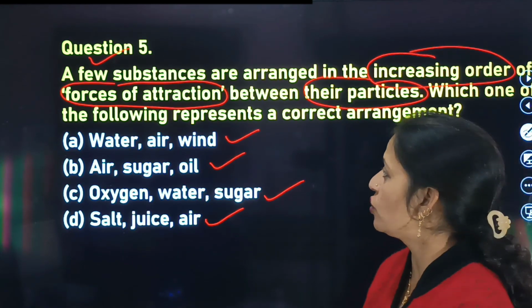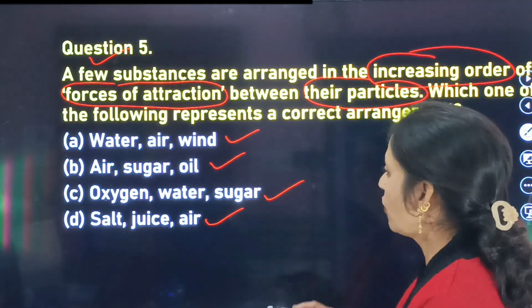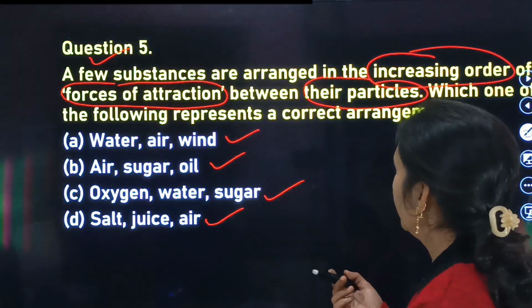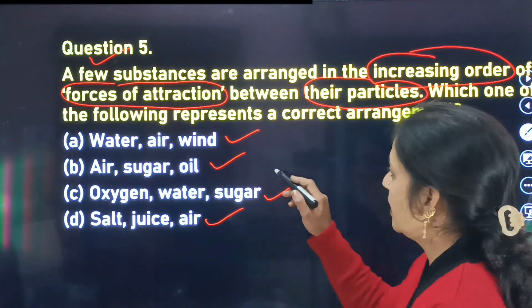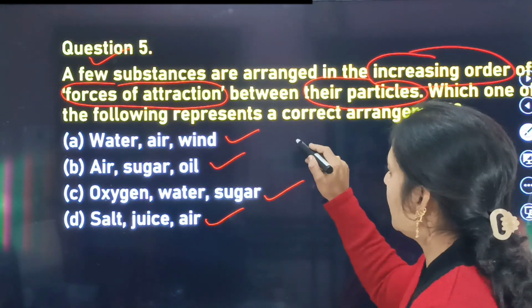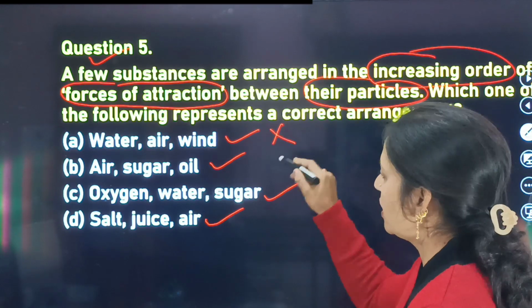तो बेटे इसमें से जो करेक्ट अरेंजमेंट है, water, air and wind, it is not the correct arrangement.